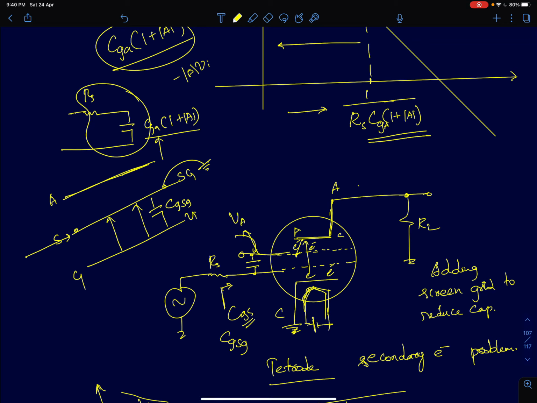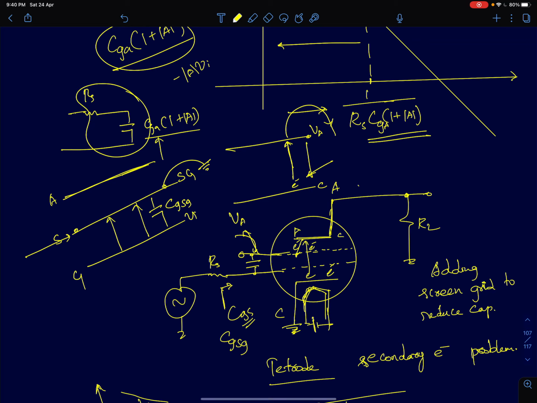Now if you recall, the fundamental operation by which a vacuum tube amplifier works is that you have the cathode terminal, electrons are energized, and these electrons hit the anode terminal, and then there is a path for the current through the load and all of that. But since these electrons are very high energy electrons, especially if the anode voltage is very high, you have a strong field between the cathode and anode.